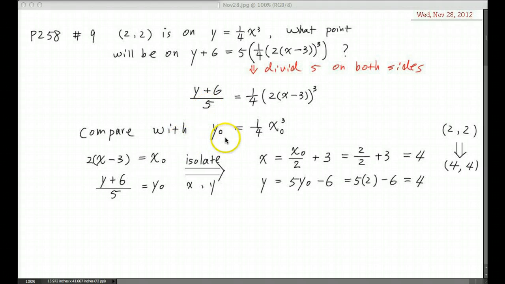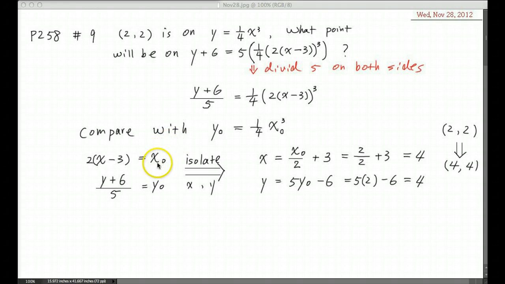So if you know this difference, the way is to always think about a machine, right? If you make this part still being the original x0, x0 you can think about as any point that is on the original function. So if you have x0, you should have y0, right?